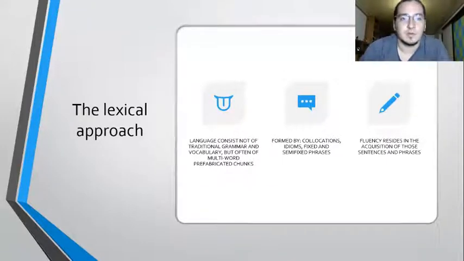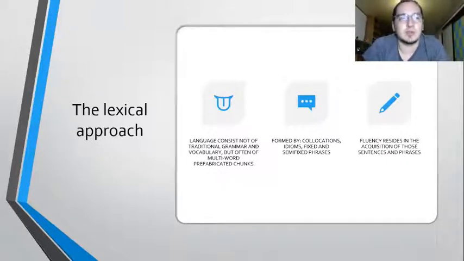Hello everyone, my name is Jorge and I'm going to talk about the lexical approach and some other insights regarding the different methodologies that we can use when we are teaching English as a second language. So first of all, to start with the lexical approach, language consists not of traditional grammar and vocabulary, but rather of multi-word prefabricated chunks.